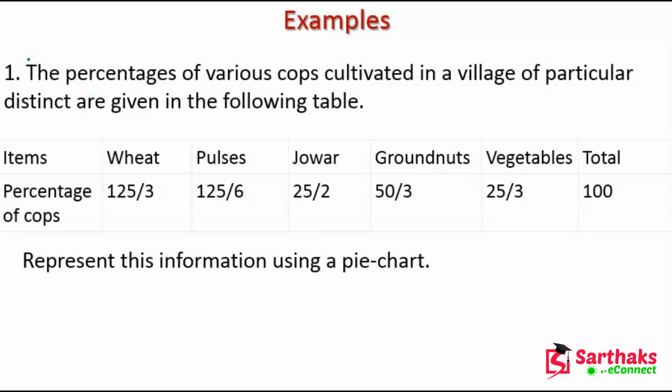Question number 1: the percentage of various crops cultivated in a village of a particular district are given in the following table. The items are wheat, pulses, jowar, groundnuts, vegetables, and the percentage of crops is 125 upon 3, 125 upon 6, 25 upon 2, 50 upon 3, and 25 upon 3.